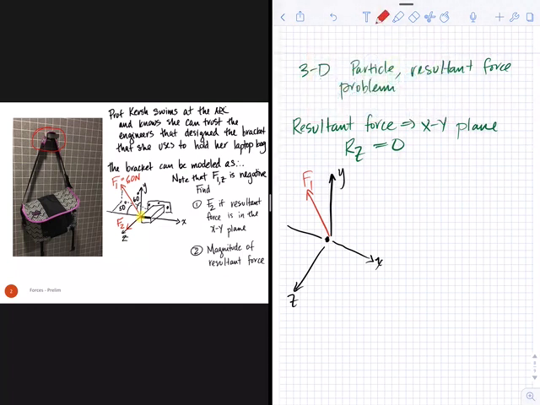And just notice that F1, right, is pointing in the negative x direction, in the positive y direction, and in the negative z direction, right? So its shadow sort of is back here, right, on the ground.